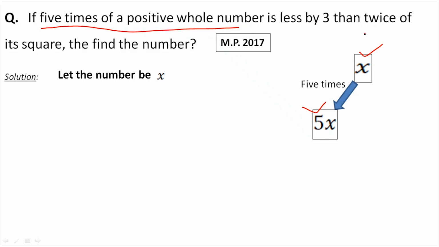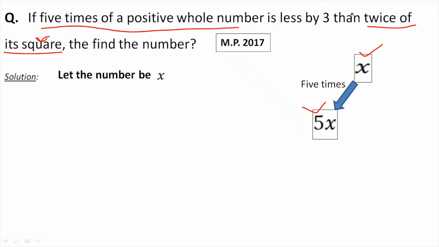It is less by 3 than twice of its square. Let's see what we understand by twice of its square. Always we start from the back, not from twice but from the square. So we first square it, then we twice it.